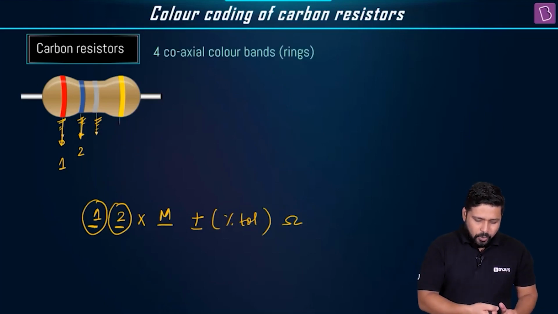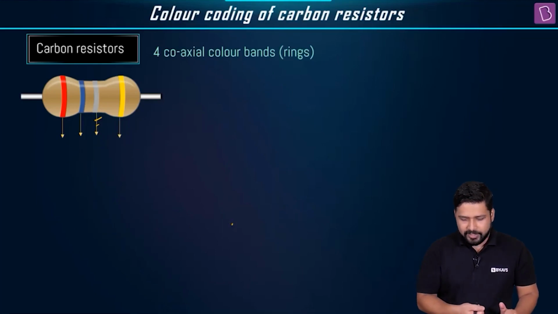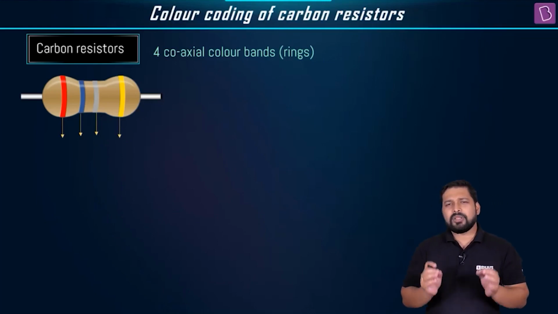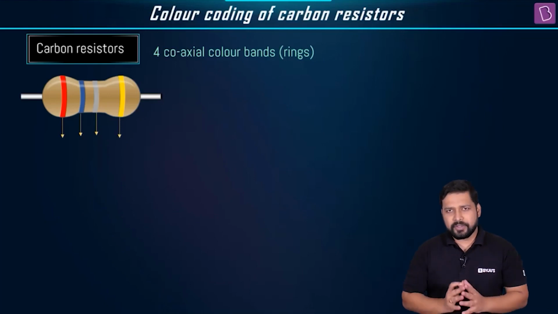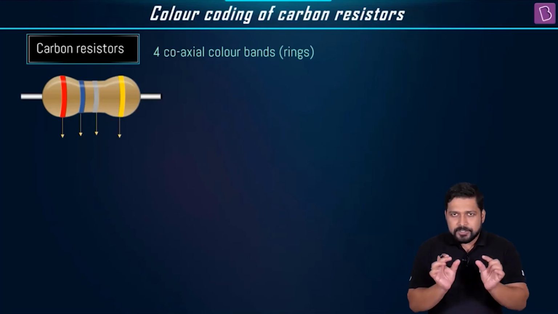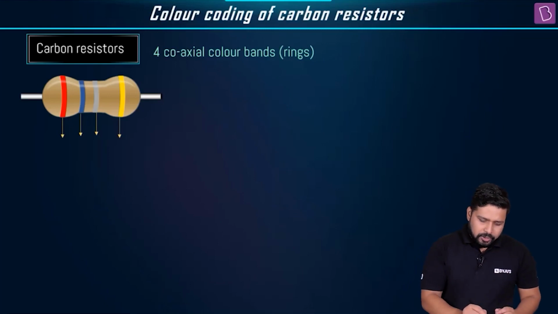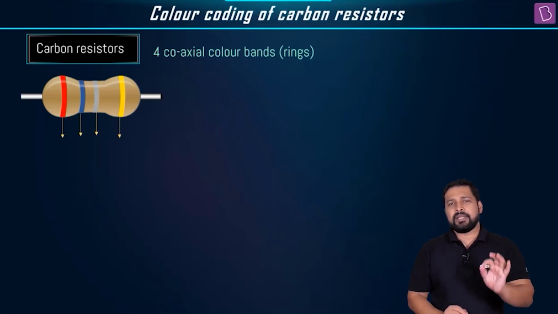So these are 4 coaxial bands, or you can call them color rings. The first 2 will correspond to the significant figures, the numbers. The third one will correspond to the multiplier, and the last one will correspond to the tolerance.